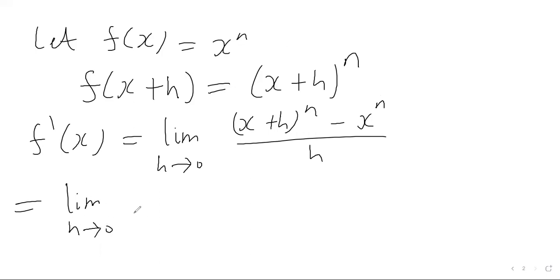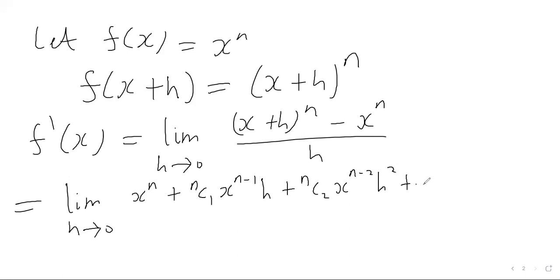So we've got the limit as h goes to 0, and expanding these brackets, that's going to be x to the power of n plus n choose 1, multiplied by x to the power of n minus 1, multiplied by h, and then plus n choose 2, x to the power of n minus 2 times h to the power of 2, and so on until we get to h to the power of n. That's our binomial expansion done for the first term. Then we've got take away x to the power of n at the end, and this is all divided by h.